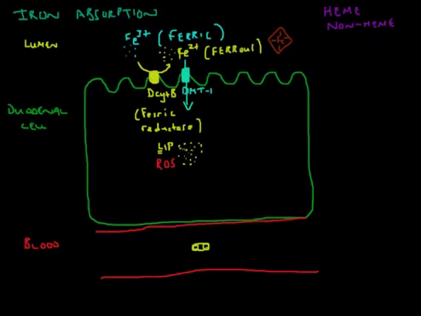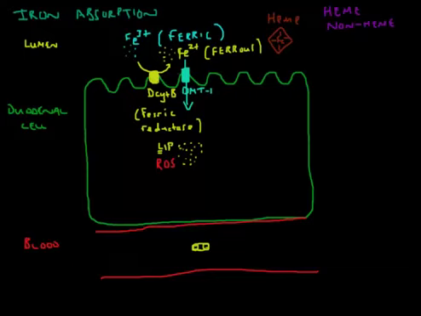Let's leave this labile pool lying around here in its labile form for a while, and first see how we get the heme iron over here into the cell. So this is heme iron. You can see in the middle there's the iron molecule, and the heme iron binds to something.